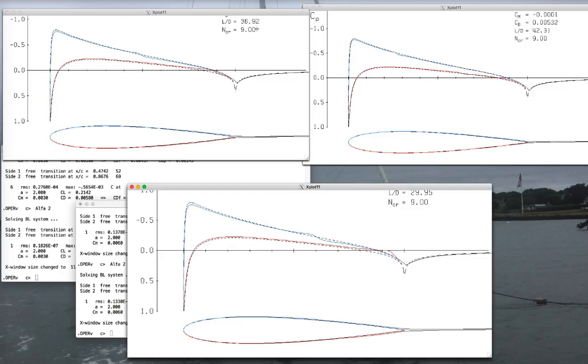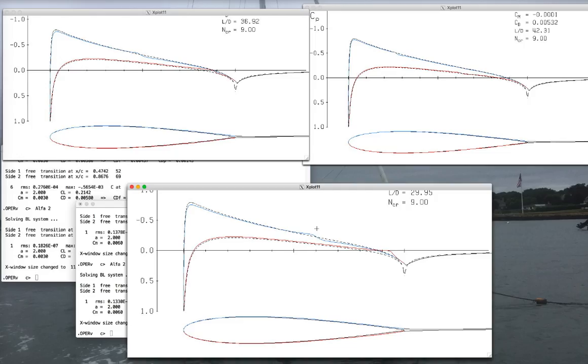As we drop the Reynolds number from 5 million to 1 million, you can see there's some deviation at the suction peak between the two curves, the inviscid and the pressure distribution with viscosity. And you see it getting even further apart down here as we drop the Reynolds number down to 500,000. The deviation from the inviscid curve is greater, and that's because the viscous effects are becoming more important. Also, transition moves further back.